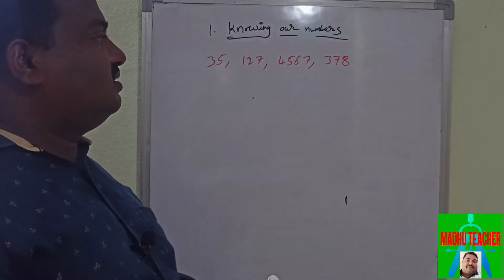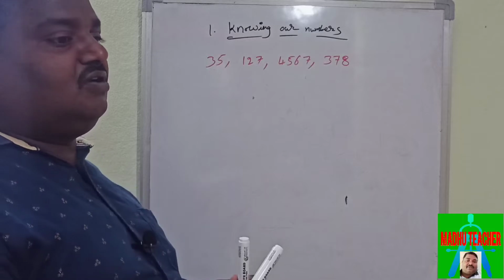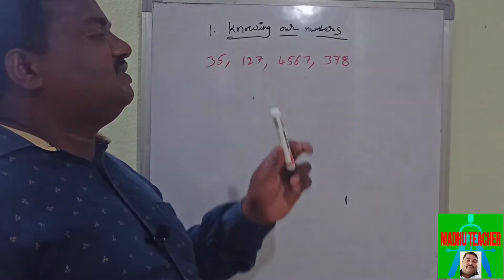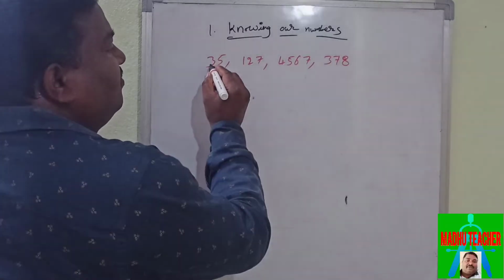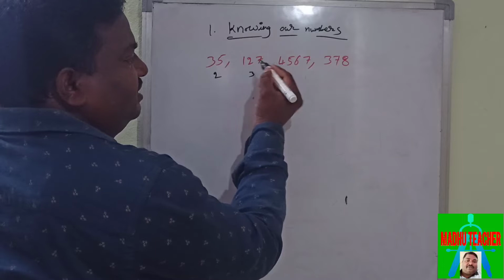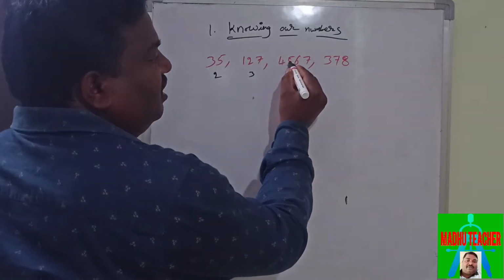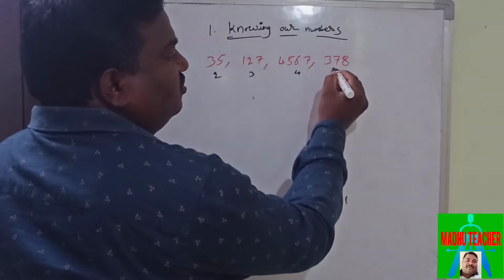To identify the greatest or smallest number, first of all you have to write the number of digits in each number. In the first number we have 2 digits, in the second 3 digits, in the third 4 digits, in the fourth 3 digits.